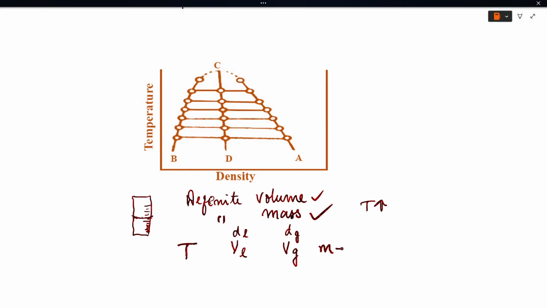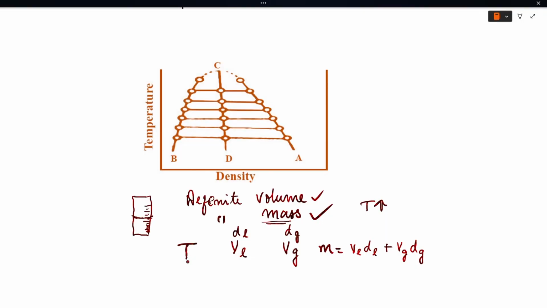This mass can be expressed as volume of liquid into density of liquid plus volume of gas into density of gas. You add these up and you get the mass, because on heating, since it is in a sealed tube, there won't be any change in mass. So at this temperature you get one equation like this.